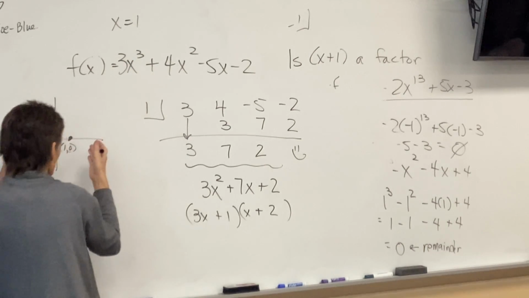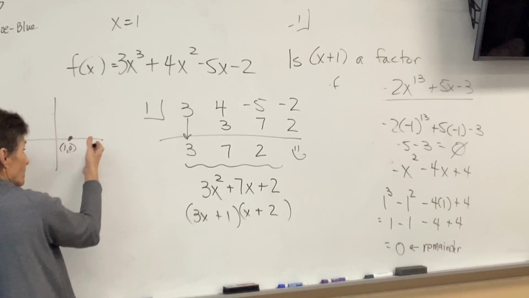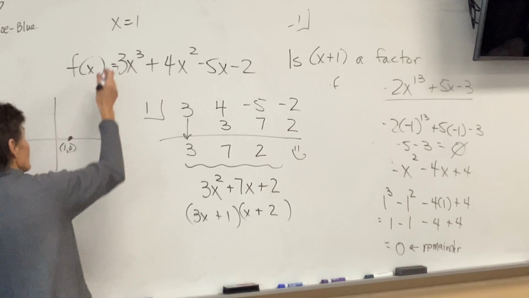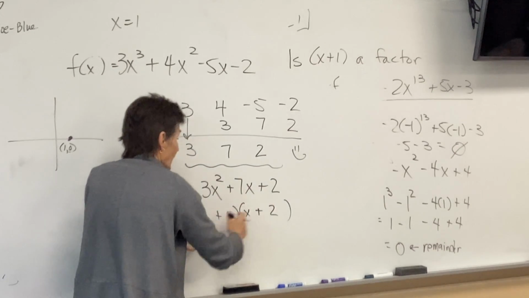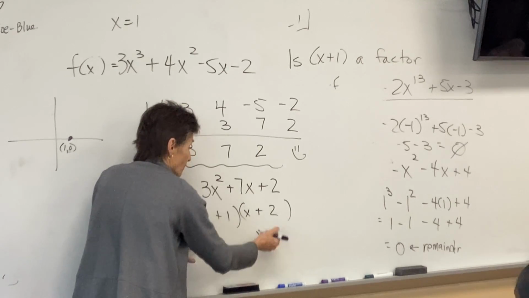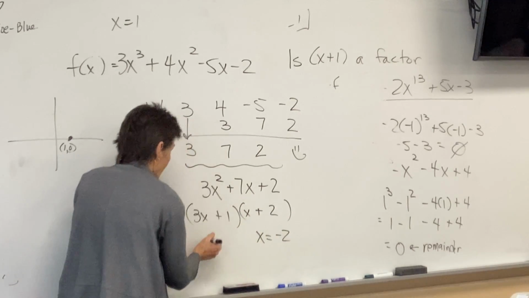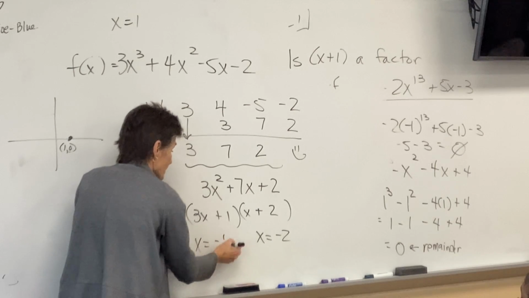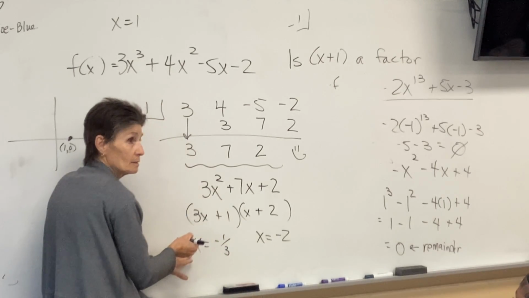So what are the other 2 roots? In other words, if you were going to put 2 more dots on this picture, we have the one they gave us. What are we going to get out of these? This one's going to be x equals -2, and this one's going to be x equals -1/3.